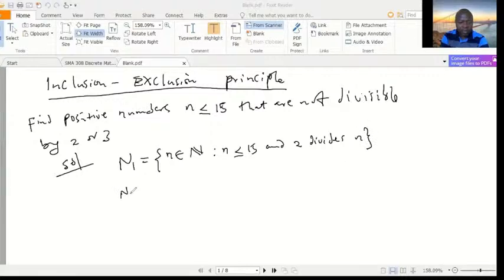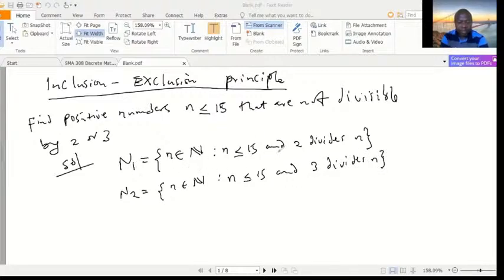Let N2 be the other set of natural numbers which are less than or equal to 15 and are divisible by 3.